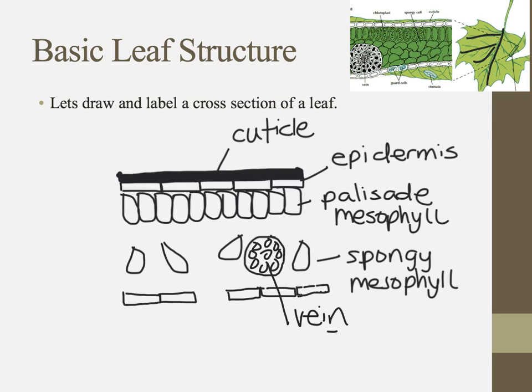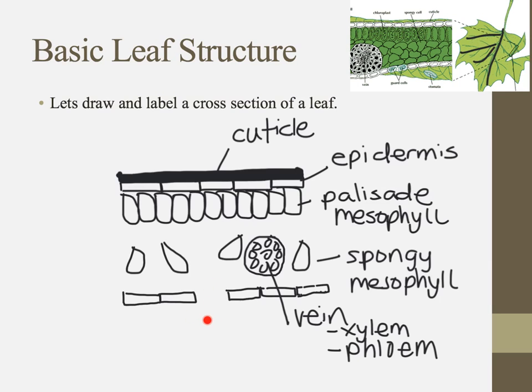And the vein is going to contain two types of tubes. They're going to contain the xylem, and then the phloem. So two types of tubes in there. And now we have this awkward hole to talk about.